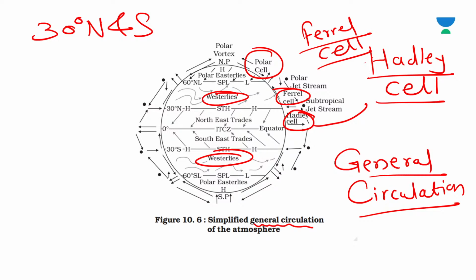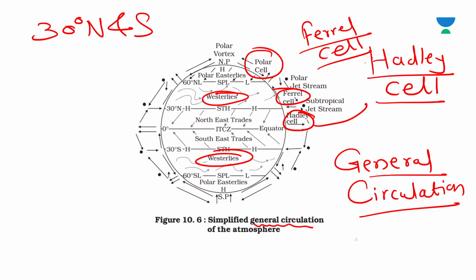Now, down below near the land surface, the air flows towards the equator as the easterlies, and the easterlies from either side of the equator converge in the Intertropical Convergence Zone, ITCZ.